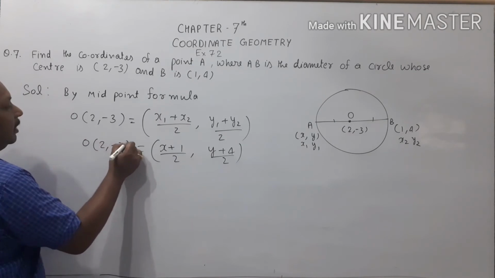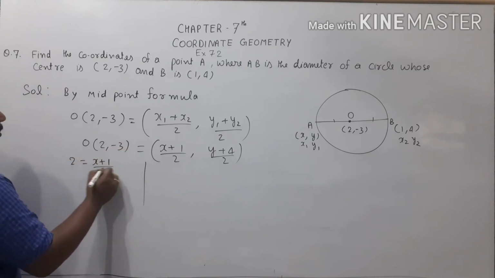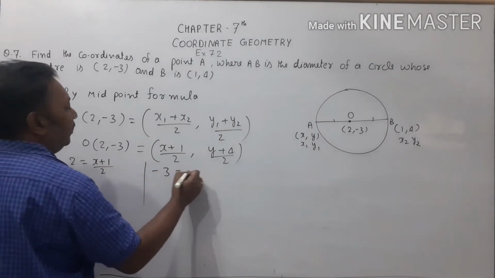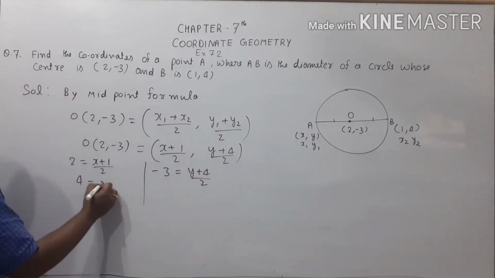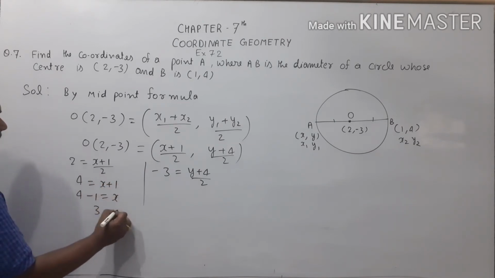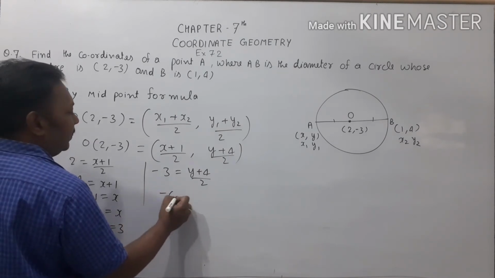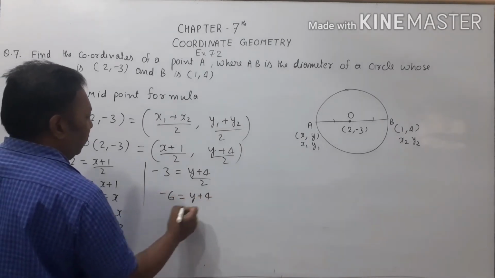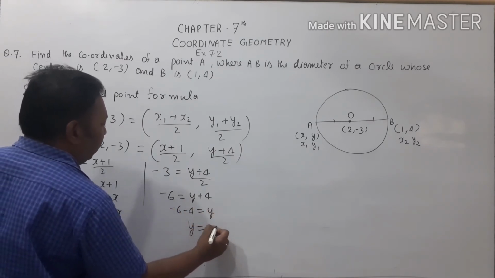So 2 equal to x plus 1 upon 2, -3 equal to y plus 4 upon 2. So 2 times 2 is 4, 4 equal to x plus 1, 4 minus 1 equal to x, so x equal to 3. -6 equal to y plus 4, -6 minus 4 equal to y, y equal to -10.